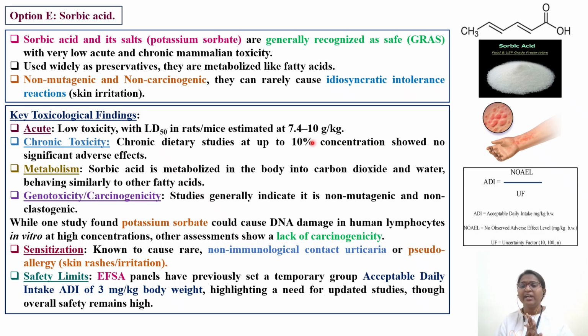There are different formulas for each type of HBEL. For example, permitted daily exposure uses five factors, uncertainty factors, and tolerable exposure for extractables and leachables uses three factors. Different products have different ones, but the basic concept is to consider the point of departure, that is the NOEL, the safe level, and extrapolate it to humans. Similarly, in the case of ADI, the formula uses an uncertainty factor, which for food additives you can consider as 10 or 100.